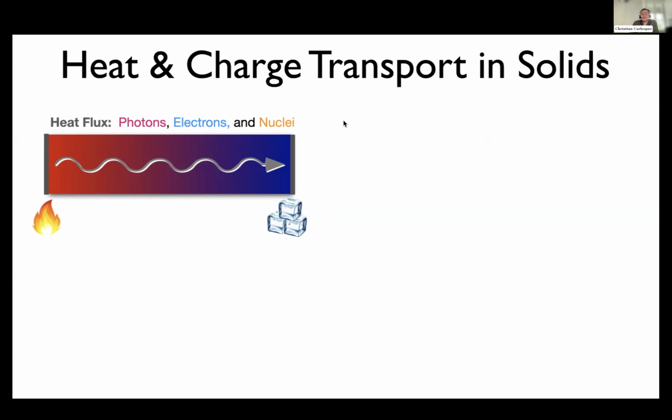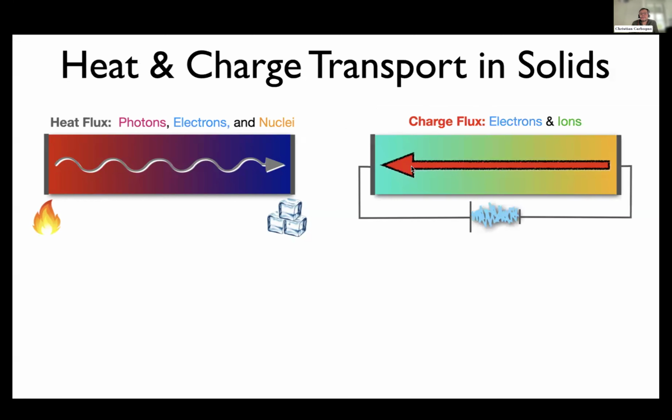In the exact same fashion, you can think about charge transport. You have again a big piece of bulk, and then you apply a voltage difference, and then there will be again a flux, this time a charge flux that tries to reestablish electronic equilibrium. And here all charged particles are involved. That can be electrons, ions, or even polarons.